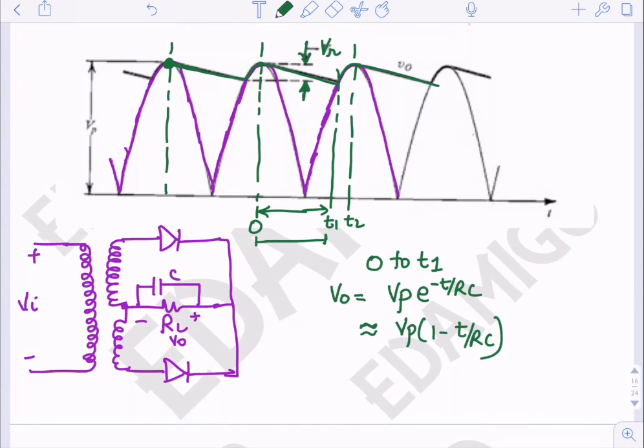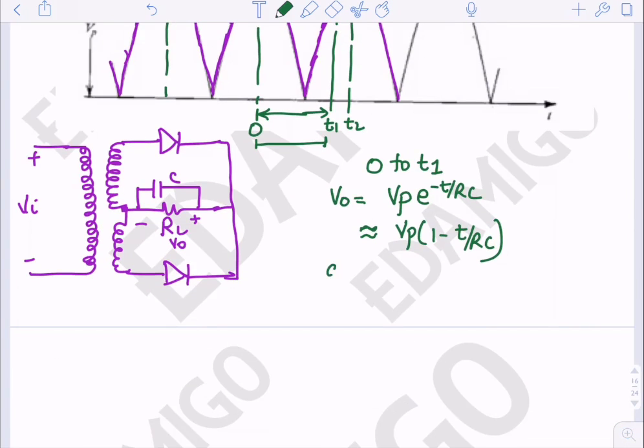Now if this is Vp, I'm saying that the minimum value of the output is Vp minus Vr. So at t equals t1, the output voltage will be equal to Vp (1 minus t1 upon RC).